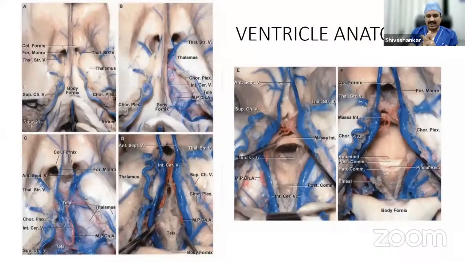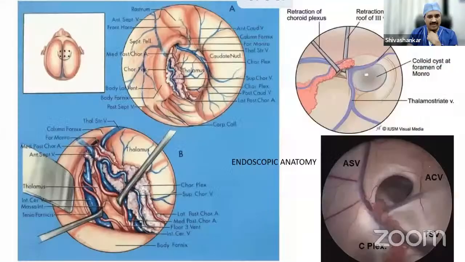Once in the ventricle, going transforaminally, we usually see one foramen, and once we are transseptal or transcallosal, we see both foramens. We have to have the orientation because at depth we lose orientation, mainly in the ventricles. So this anatomy about the foramen of Monro, veins, thalamus, and the septum, we should be aware of, because any damage to the fornices will cause severe memory loss, and damage to the veins has a high morbidity.